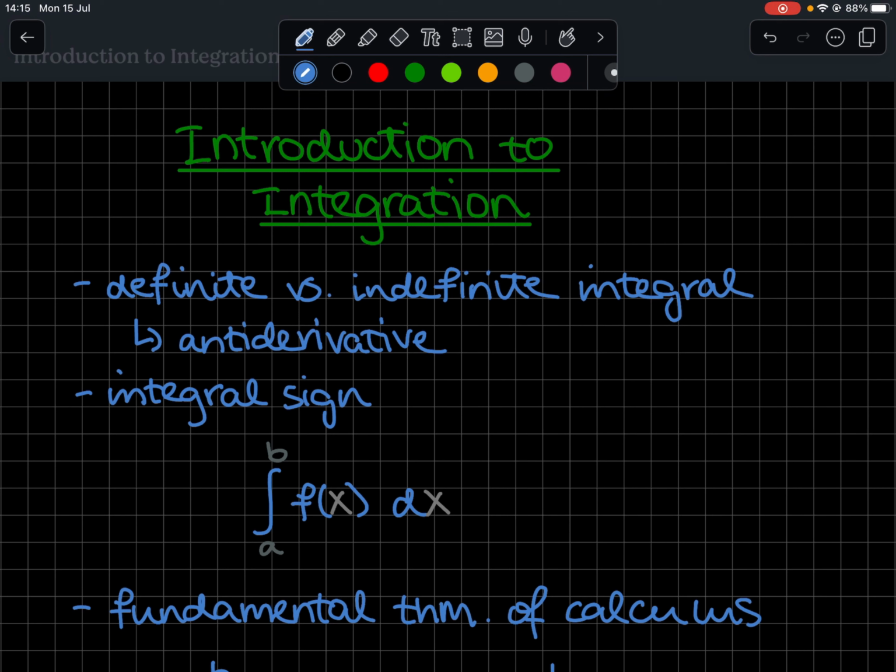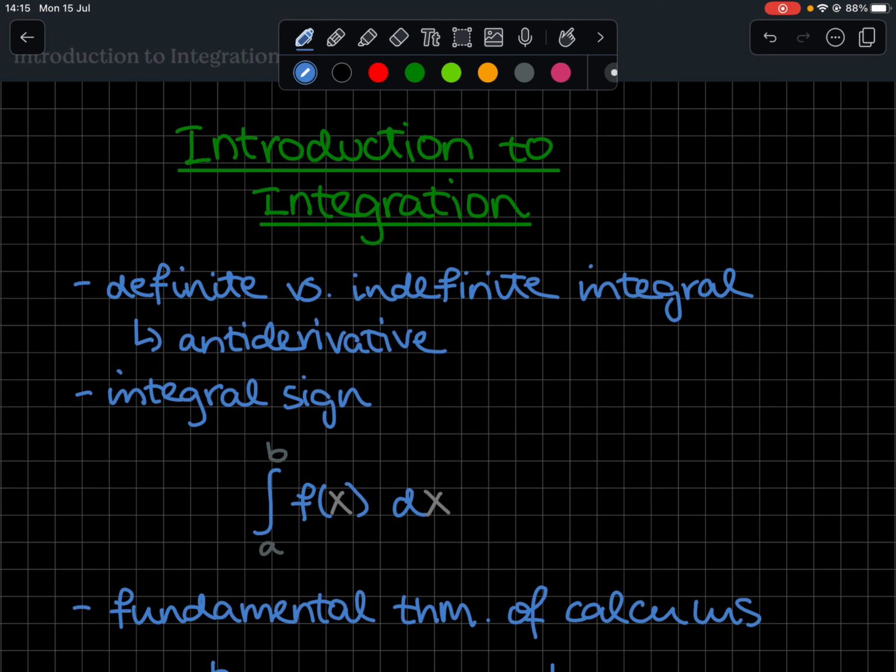So in this video, we won't actually learn any integration techniques, but we will just talk about what it is so that you get a solid understanding of what it actually is before we learn about any techniques, which will come in future videos.